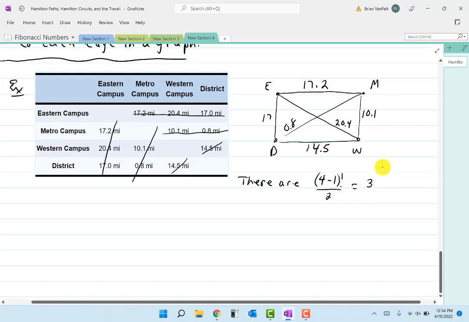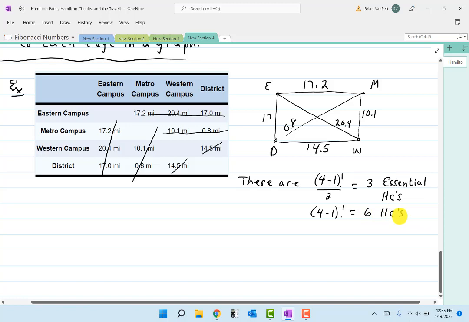That's equal to 3 essential Hamilton circuits. And if you take 4 minus 1 factorial, that's equal to 6 Hamilton circuits.